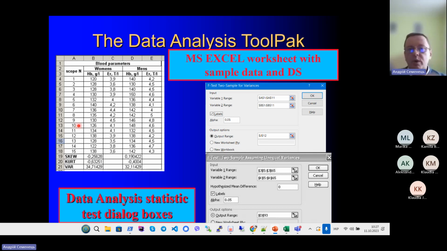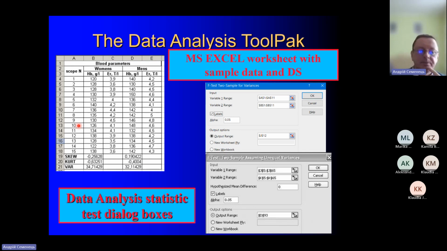Okay, then we have to evaluate the null hypothesis. For this, skewness and kurtosis can give us an assessment of possible deviation from normality. Is the distribution normal or abnormal?